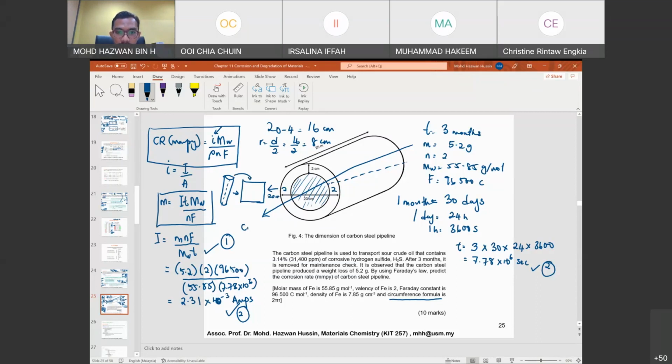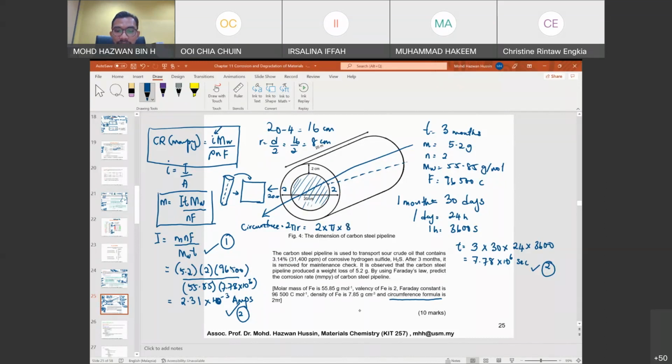So therefore, circumference is equal to 2 pi r, which is 2 times pi times the radius. So what would be the radius that you are using here? Chia-Chun, 10 or 8? 8.